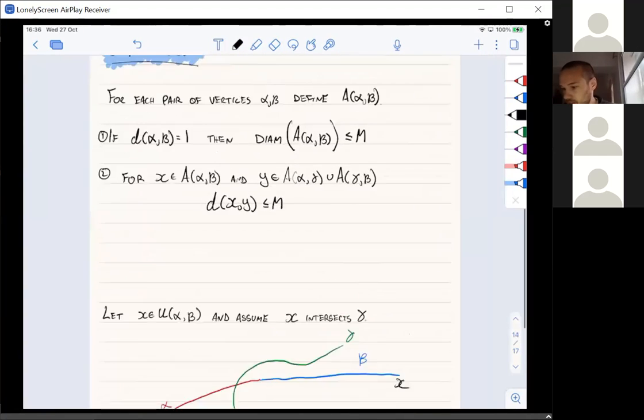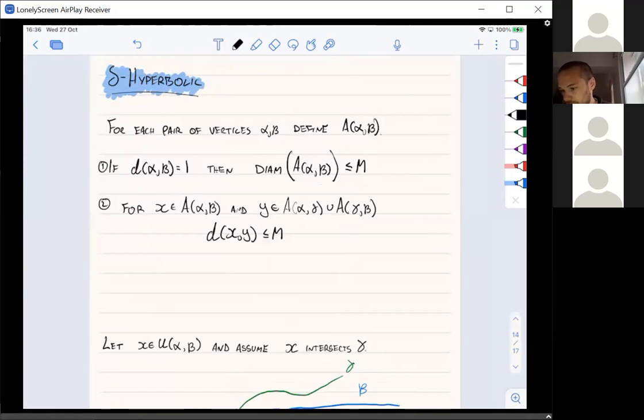And I guess I don't have time to talk about the proof of delta hyperbolicity. But if you look at any of these unicorn type arguments, showing that it's connected is the hard bit. Once you have that, you can use an alternative definition.